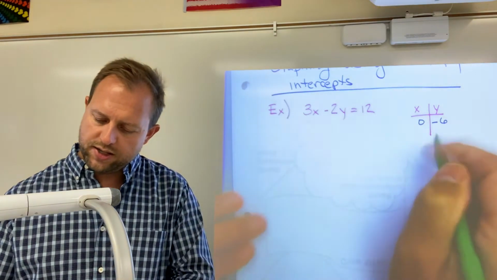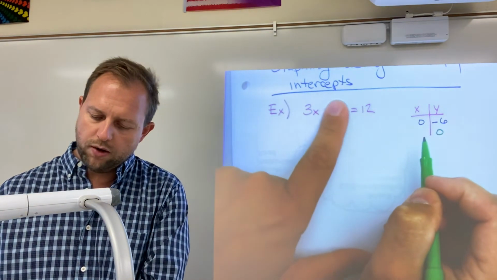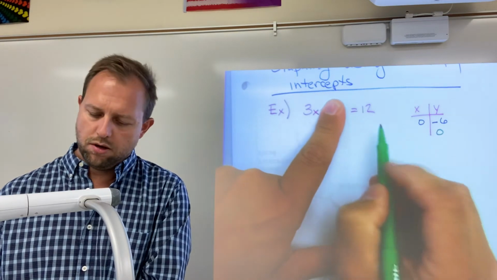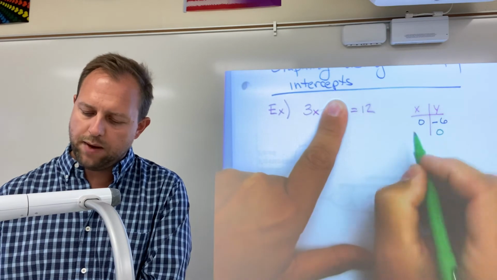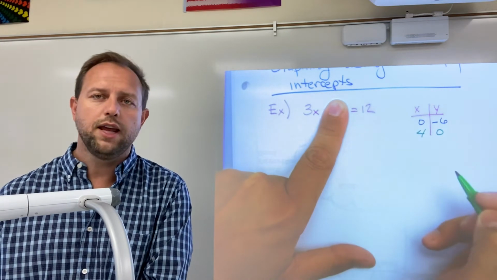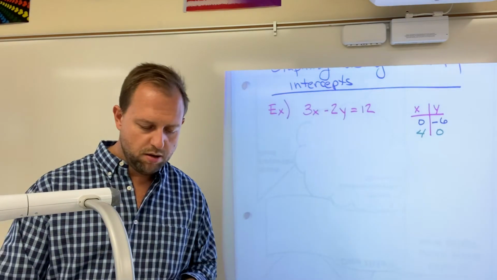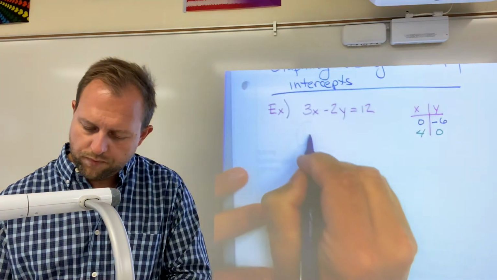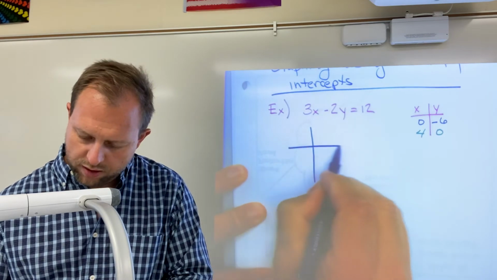Our x-intercept means we're zeroing out the y term. So we're left with 3x equals 12. 3 times 4 equals 12. And that gives us the second intercept. Once we have those, we can set up a graph.